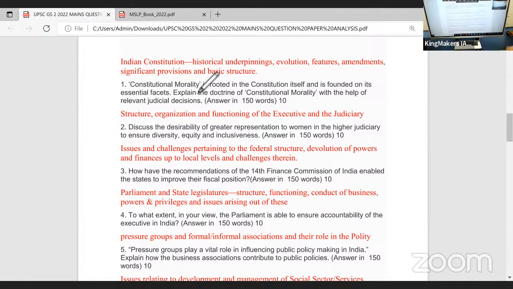Let me tell you what will be the introduction for this. In the question, what introduction will you give? I will give an introduction of what is constitutional morality here. Simple as that. Here, what introduction will you give? What is the women's representation in the recent Lok Sabha? 14%. You should mention that.